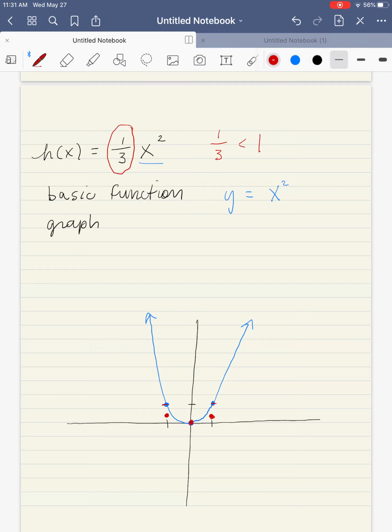So what we have is a flattened down, shrunk parabola.